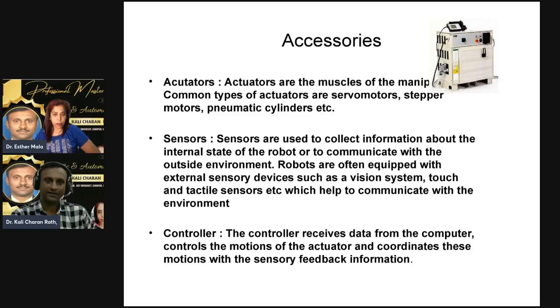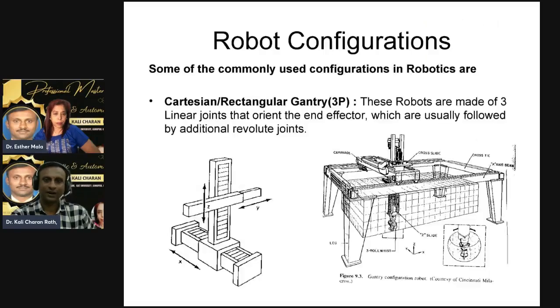Next, slide number 8. Robot configuration. Generally, based upon the operation, robots are categorized into four types. One is the Cartesian, which operates in the direction of the X line, Y line, and Z direction.